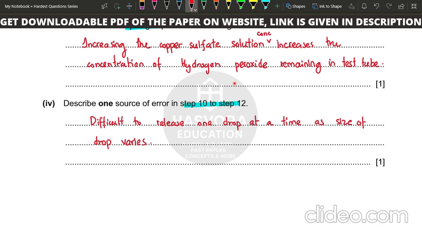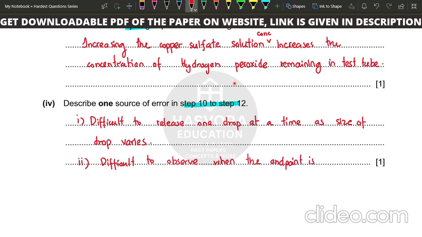And the second one, I'm writing both so that you keep them in your mind: difficult to observe when the endpoint is reached.